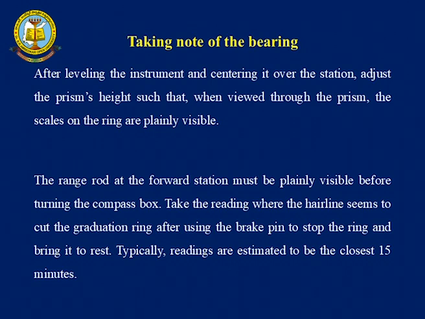Now take the readings where the hairline seems to cut the graduated ring, after using the break pin to stop the ring and bring it to rest. Typically, readings are estimated to the closest 15 minutes.